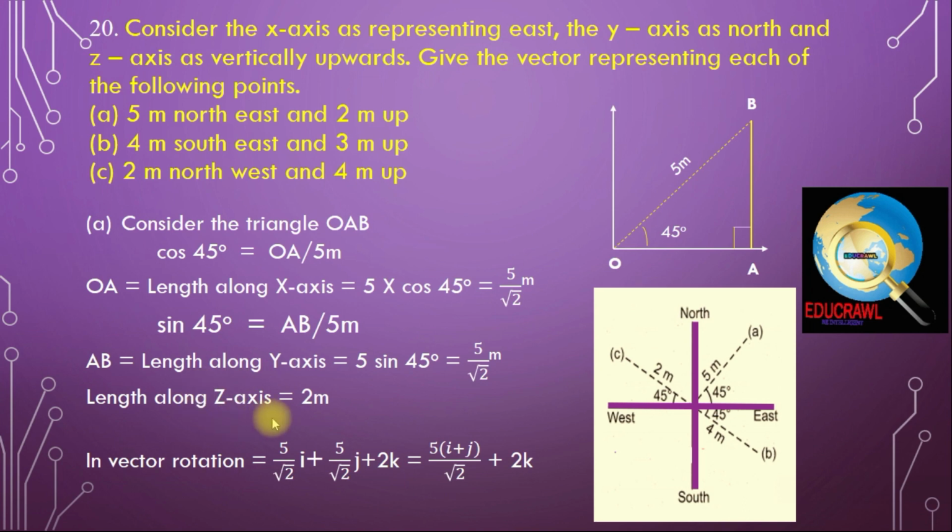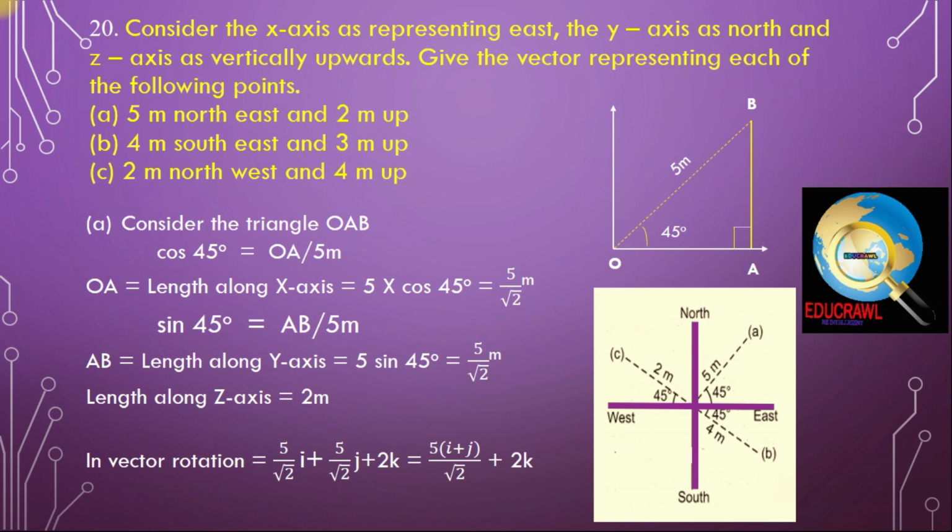Length along z-axis is already given in the question as 2 meter up. So the value of 2 meter is the length along z-axis. So all the length values we had found. Length is nothing but the magnitude we have found. And you know the vector along x-axis, y-axis and z-axis. What are the three unit vectors along x and y and z?